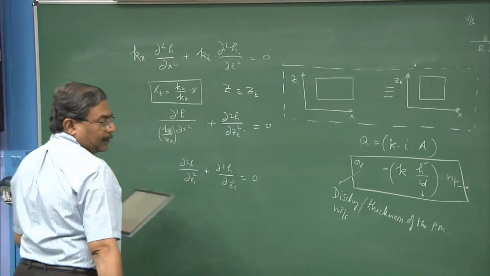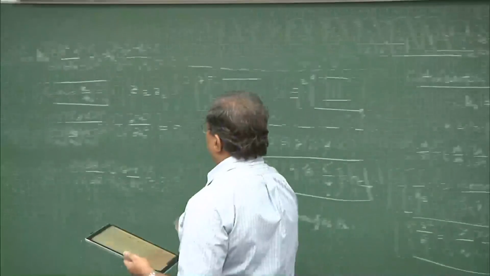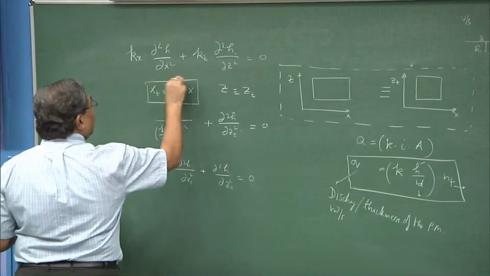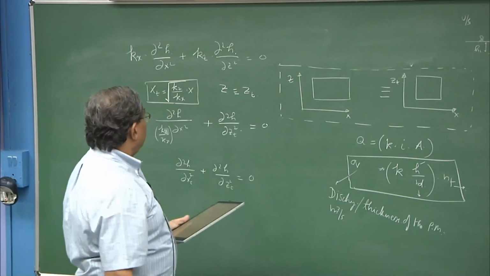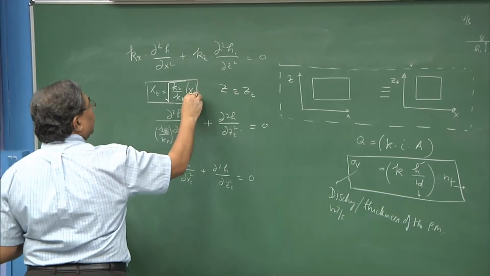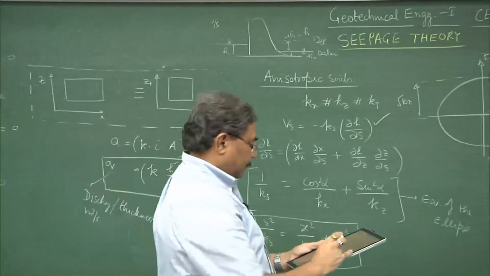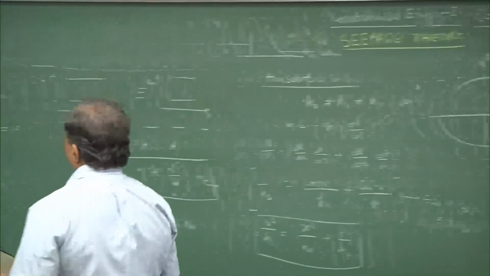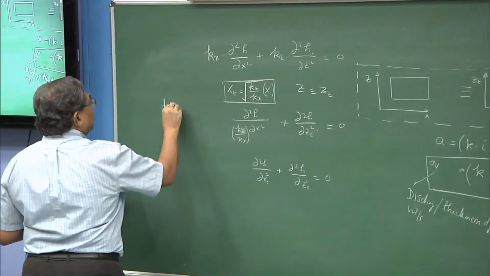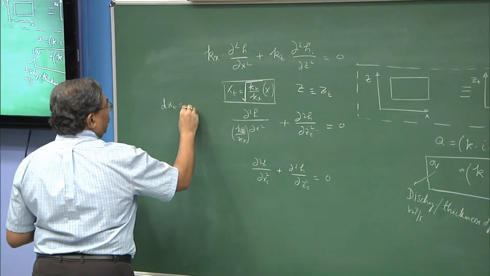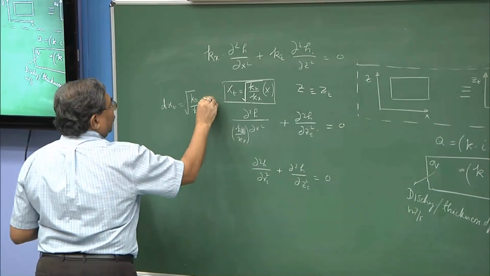This part would be under root, because when you are doing the square term over here, this should be the correct function, is it not? It is okay. Only this will be outside the under root, because this whole thing is x squared. So, del x t will be equal to under root of k z upon k x into del x.